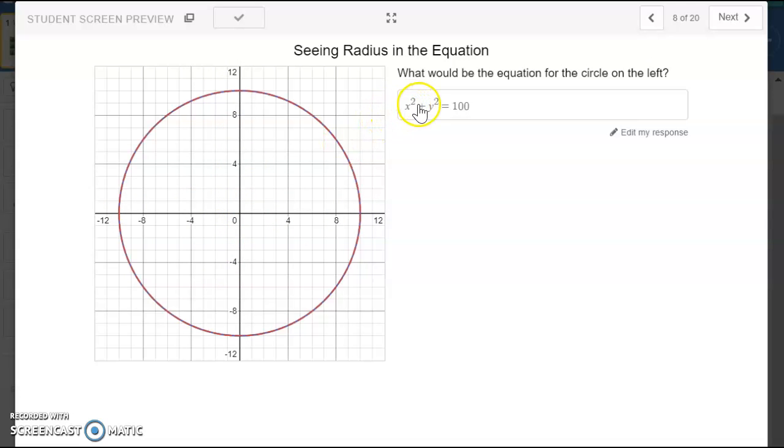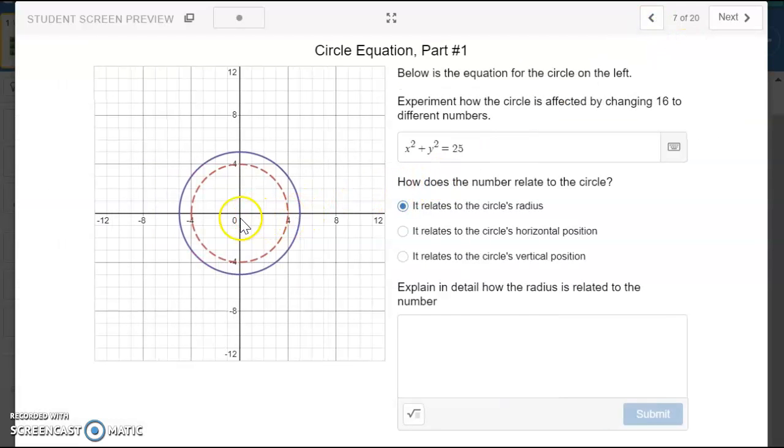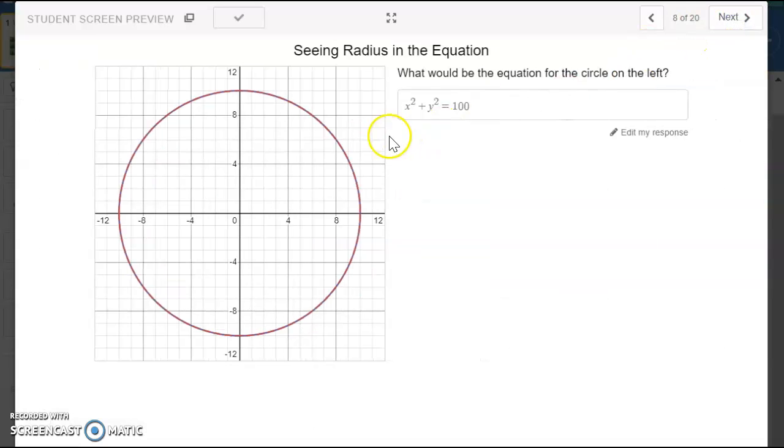So my equation is x squared plus y squared is equal to 100, because the previous card had the center as 0, 0 as well. So the only thing I'm going to change from this circle to the next circle is the size of the radius, which from 16, I'm going to change to 100.